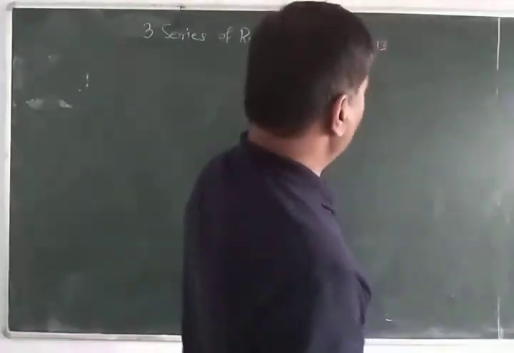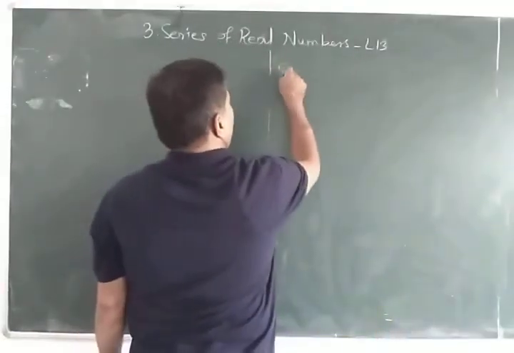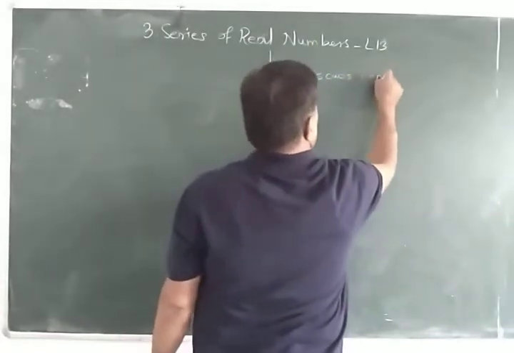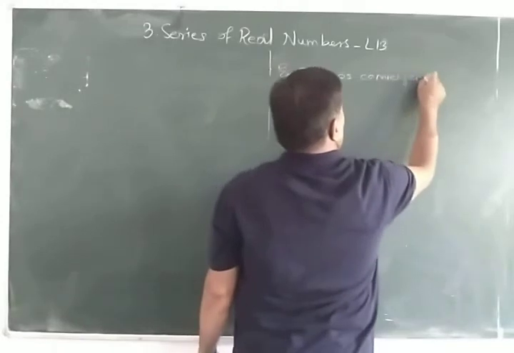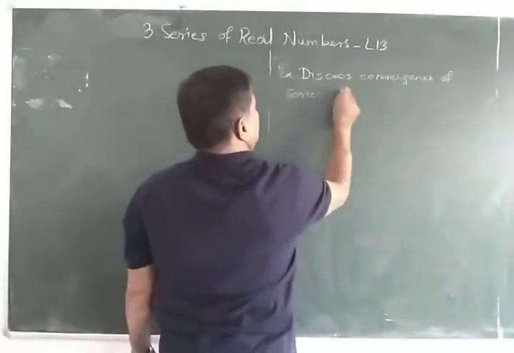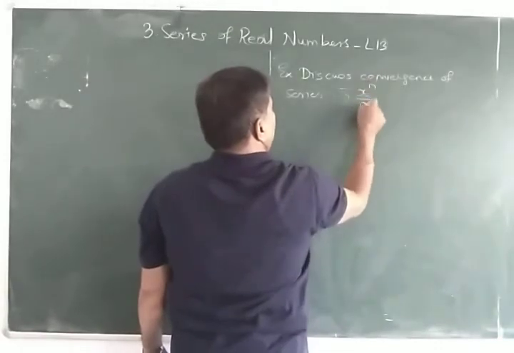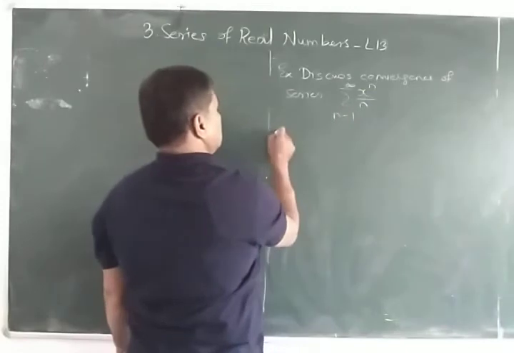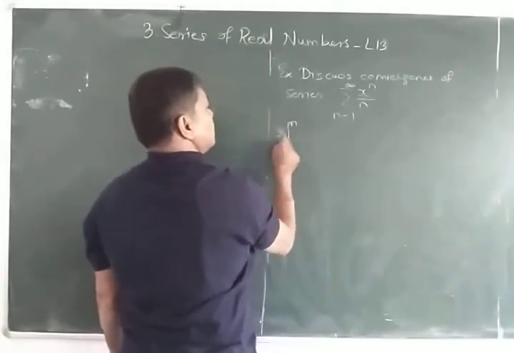Discuss the convergence of the series summation of x raised to n upon n, n equal to 1 to infinity. So, solution.